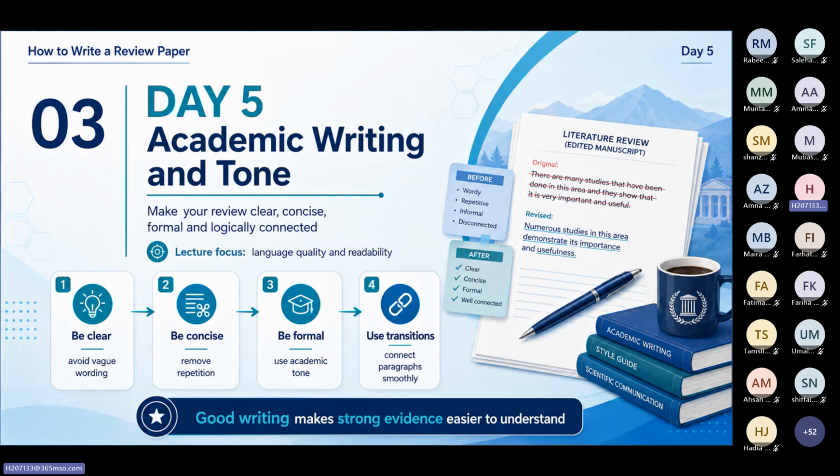Okay. So make your review clear, concise, formal, and logically connected. It should be clear, like we should not use words that are not scientific, or not the terminologies used in scientific writing.